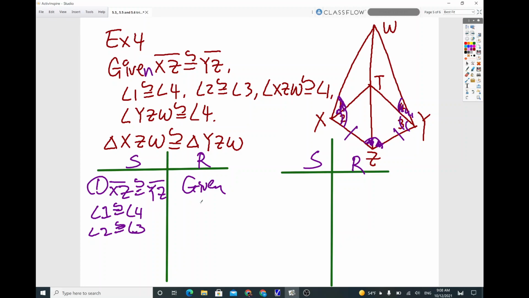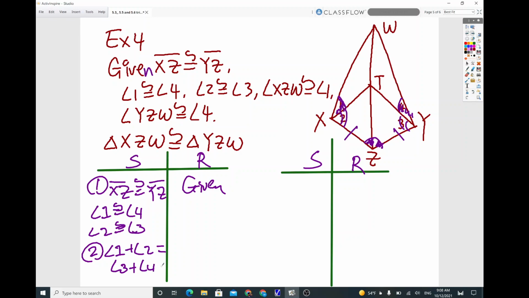So basically what this is saying is that angle 1 plus angle 2, once you combine them, would be the exact same measurement as angle 3 combined with angle 4. So for the next statement, angle 1 plus angle 2 is the same as the combination of angle 3 plus angle 4.